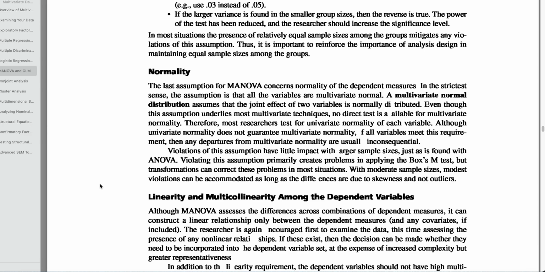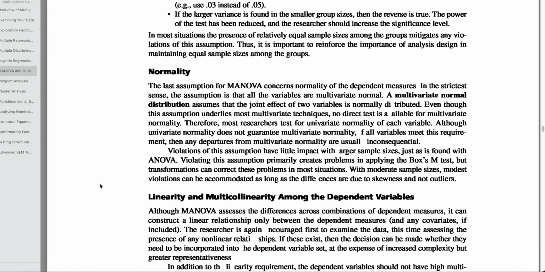If all variables meet this requirement, then any departure from multivariate normality is usually inconsequential. Violation of the assumption has little impact with larger sample sizes.